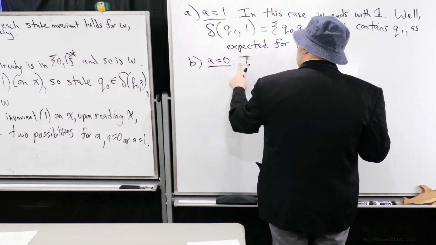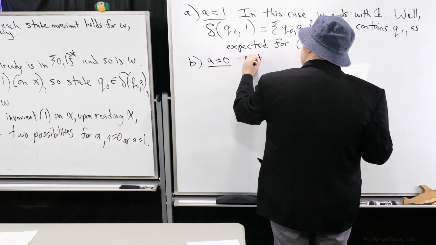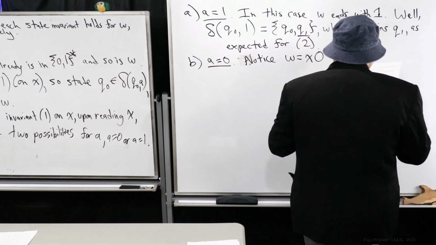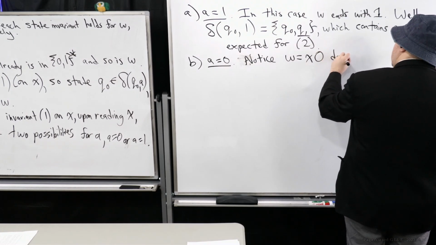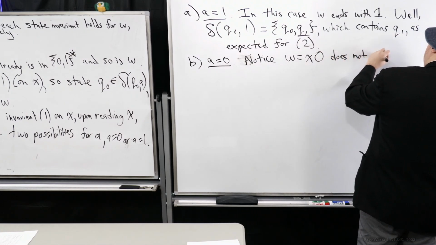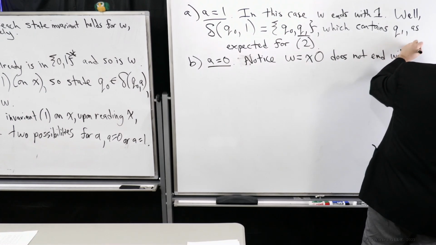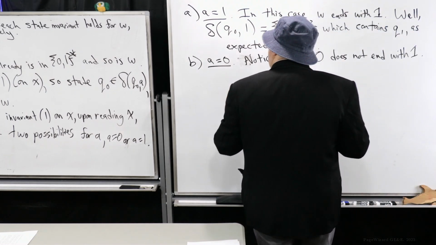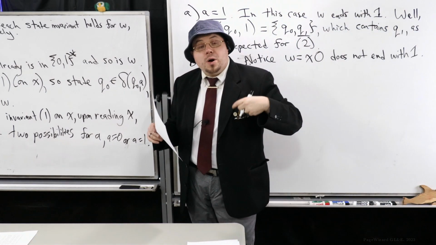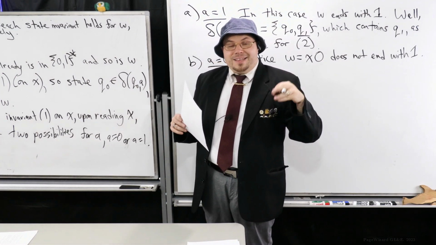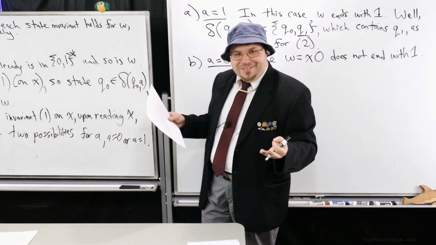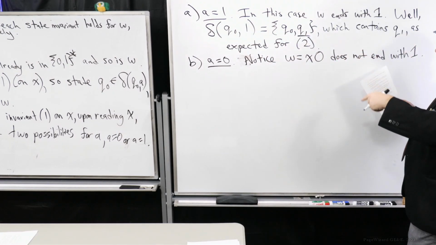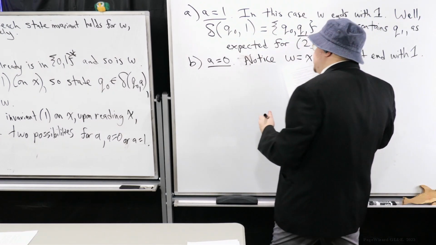So notice, W equals X0 does not end with 1. Now we know on one side of this that yes, it doesn't end with a 1. So think of my Explorer cap. What can we say about this situation?